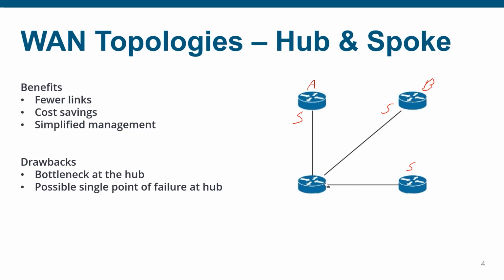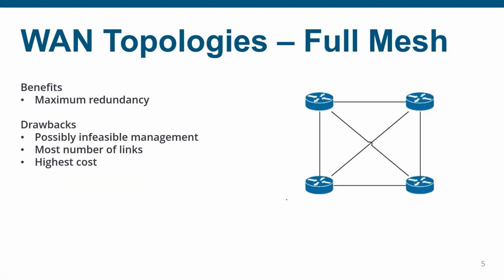So if we want to add a little more redundancy than our hub and spoke, we can go for the full mesh. Now, this provides our maximum redundancy. A full mesh is defined by every node having a link to every other node.